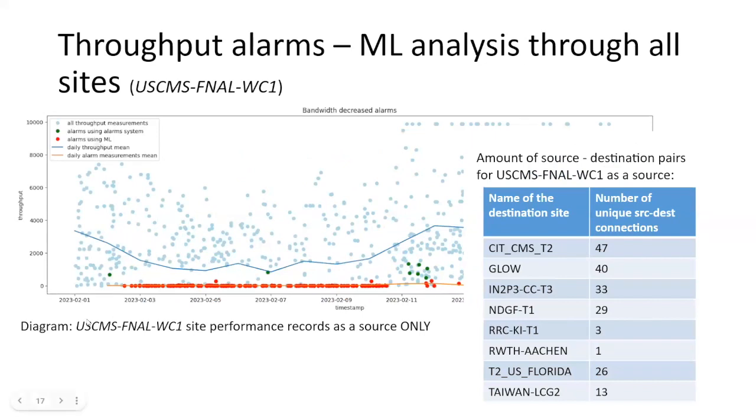And if you look at the plot where it is a source only, we can see that there is some problem with this type exactly. And it means that while trying to connect from it to some sites, somewhere near it there are also some problems.